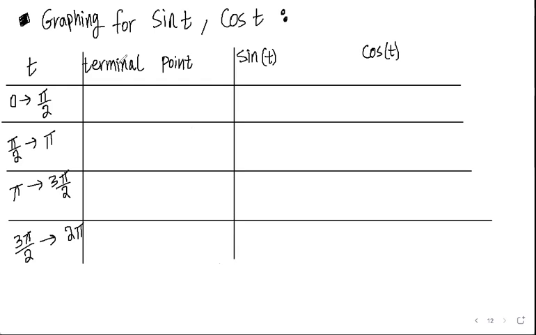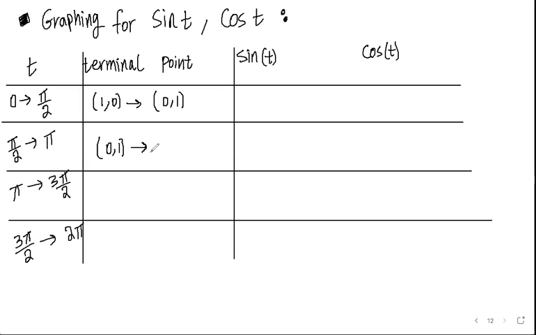So for the terminal point, if I start from t equals 0, the point will be 1, 0, right? At t equals 0 is 1, 0, the terminal point. At t equal pi over 2, the terminal point will be 0, 1. So I'm working from 1, 0 to 0, 1.